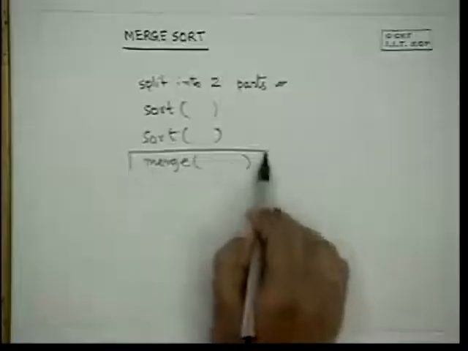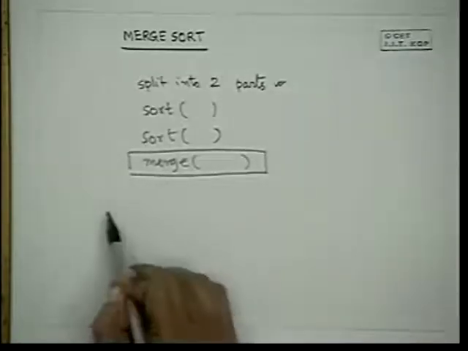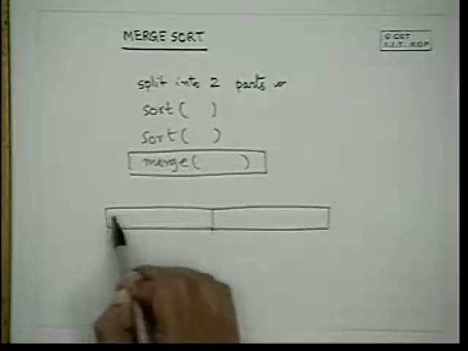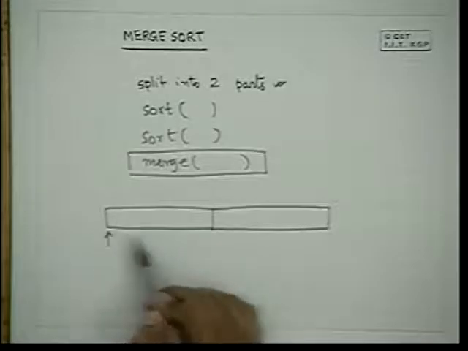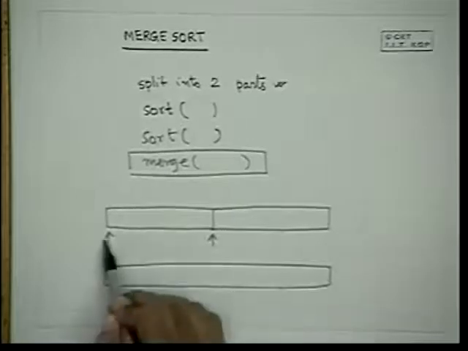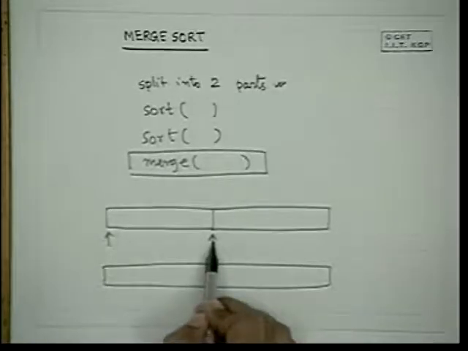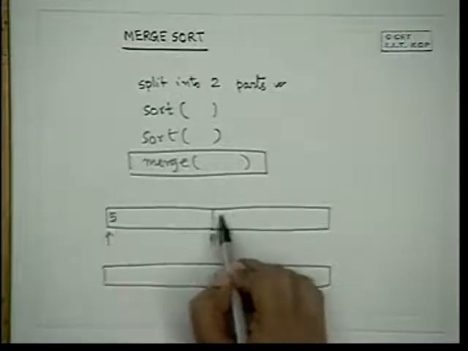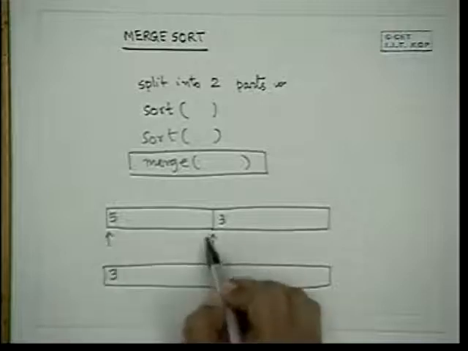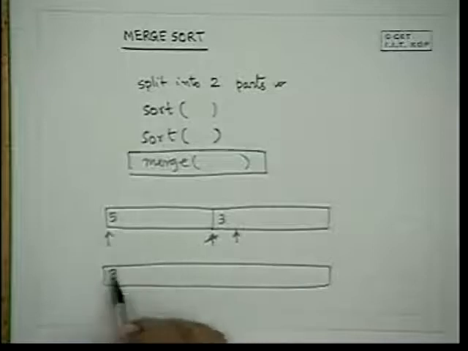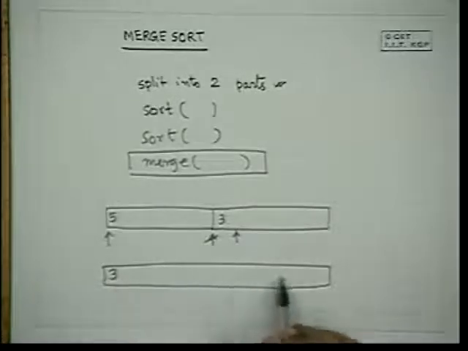Now first let us understand what this merge routine does. It takes in our final implementation in the same array a set of numbers, one pointer here, one pointer here, and in another array it compares these two. The smaller of the two, if you are sorting in that order, is written. Suppose this is 5 and this is 3, then 3 will be written and this index would move here. So for every number which is written here, at most one comparison is done.